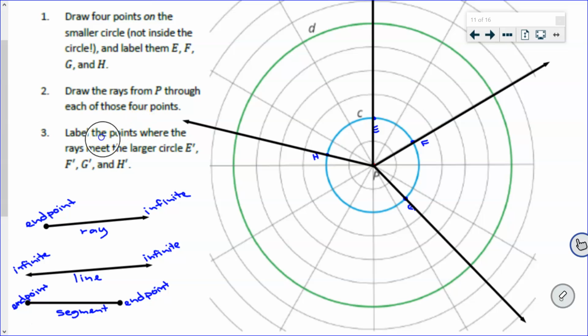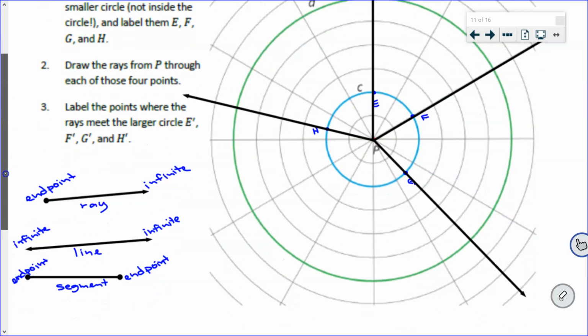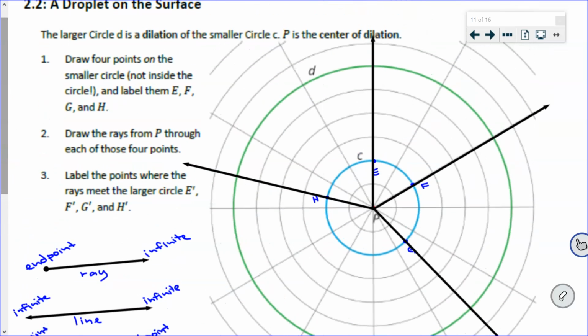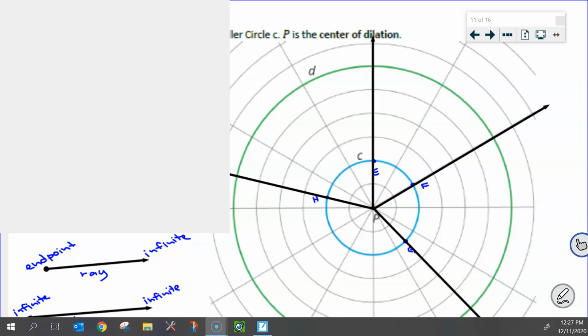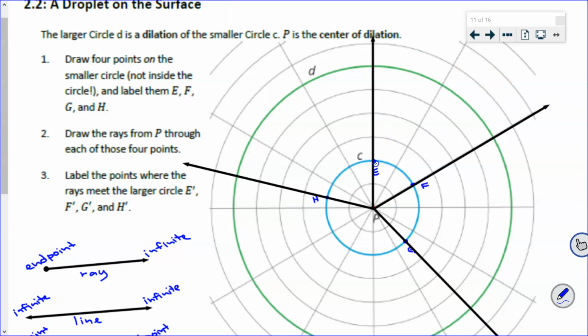Now it says label the points where the rays meet the larger circle, E prime, F prime, G prime, and H prime. So this is what that means. We drew the line that went from the center of dilation through E and beyond. So when I go beyond, you'll see that that ray goes to circle D and even beyond that.